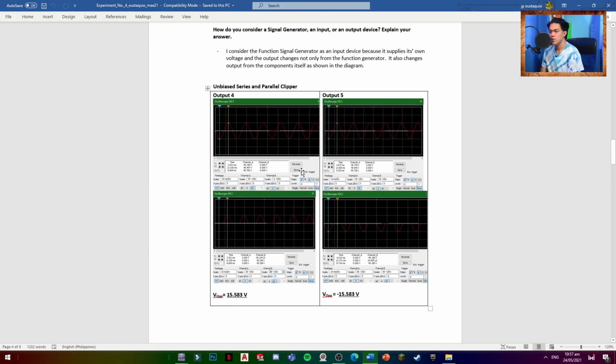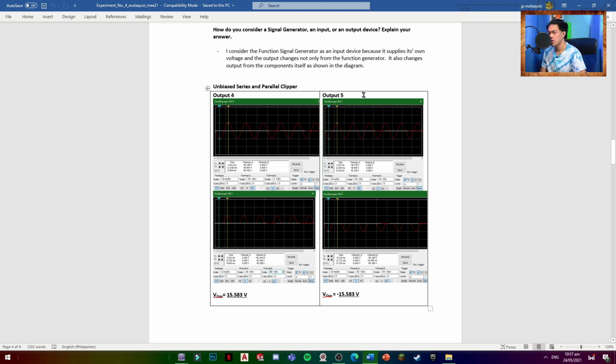So for output 4, this is what I have gathered: a voltage peak to peak of 100 and a voltage output of 15.583 volts.